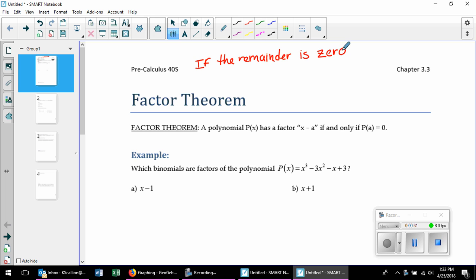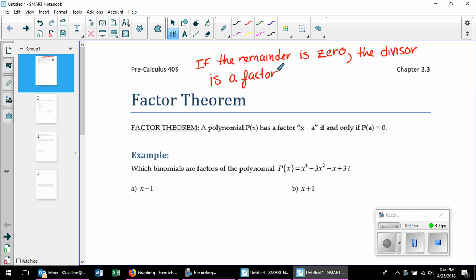If the remainder is 0, you all know what the divisor is, right?